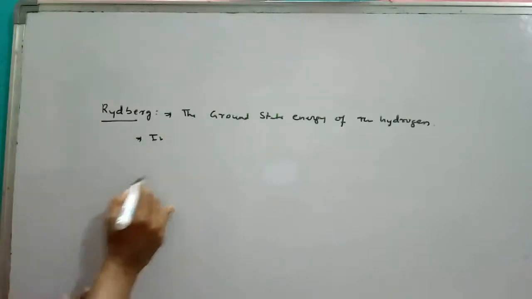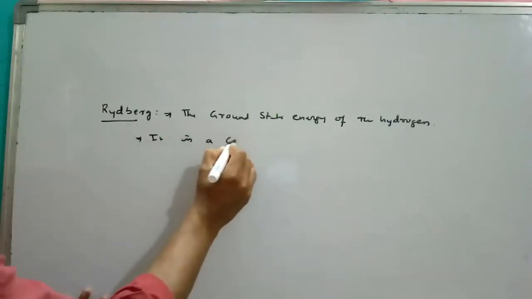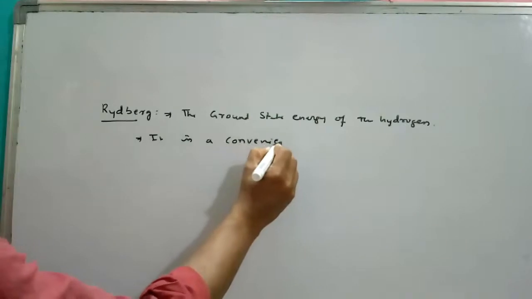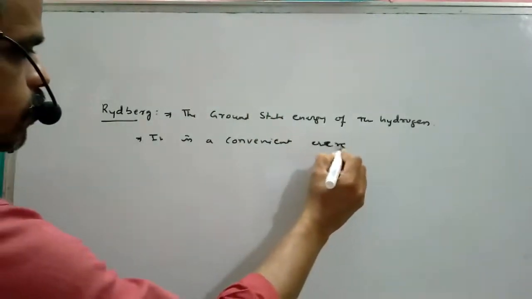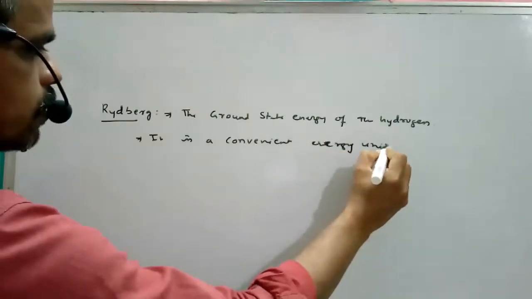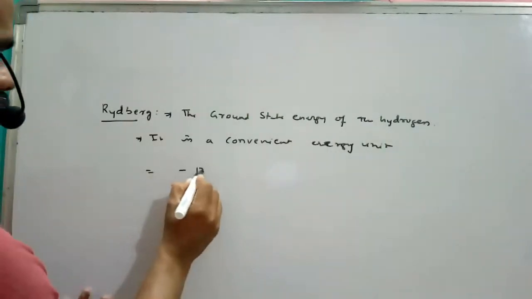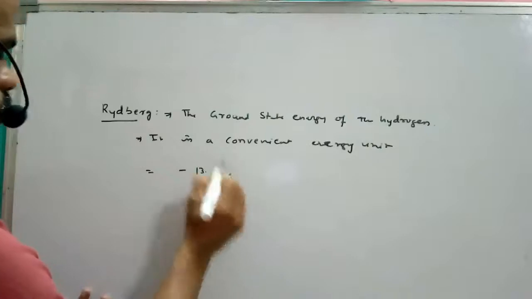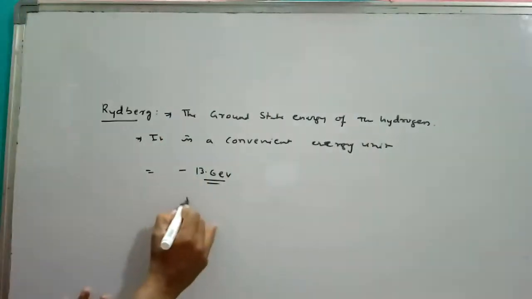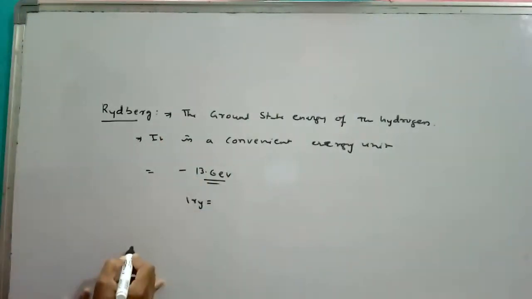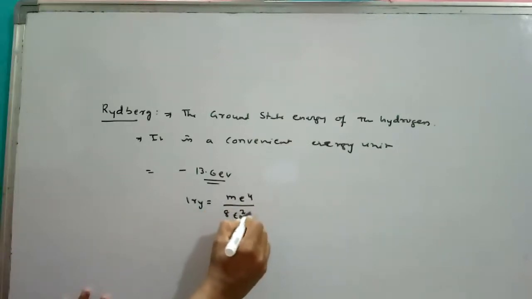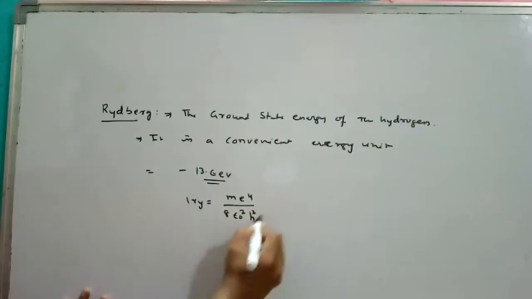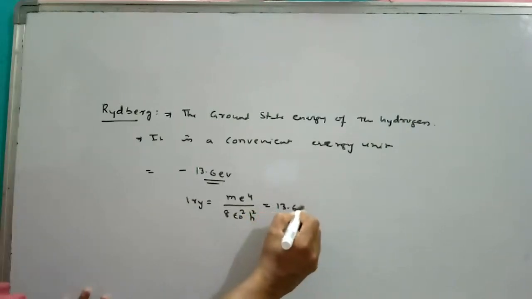Next point: it is a convenient energy unit, that is 13.6 electron volt. So Rydberg equal to m e power 4 by 8 epsilon naught square h square, equal to 13.6 electron volt.